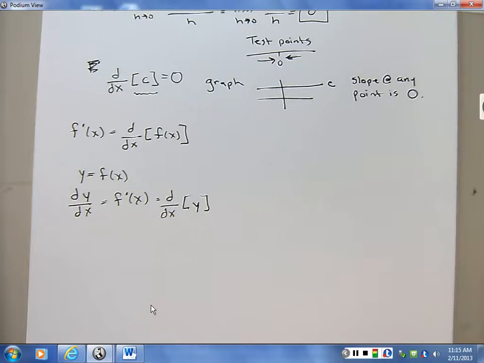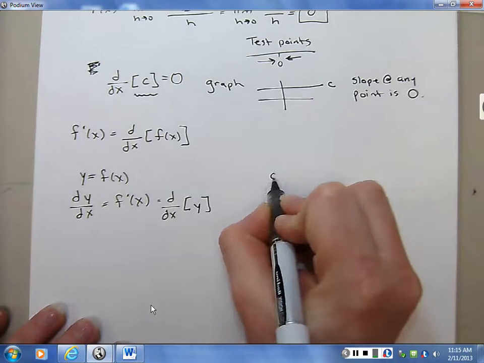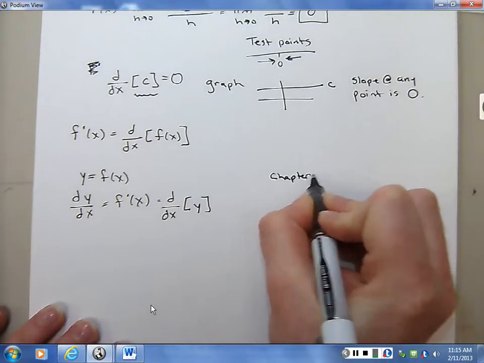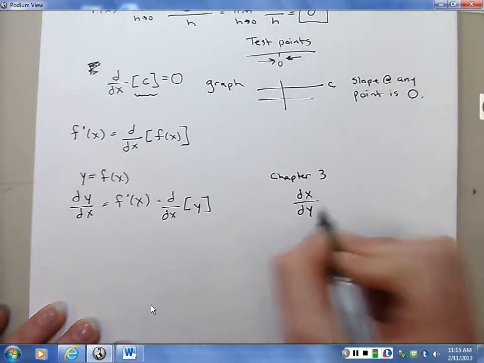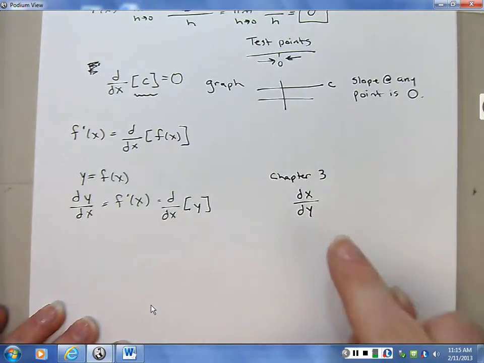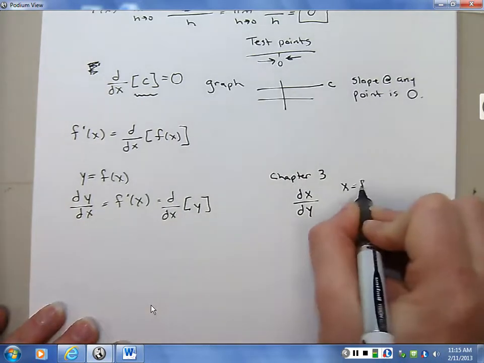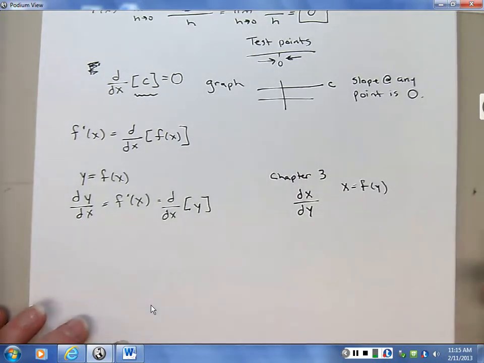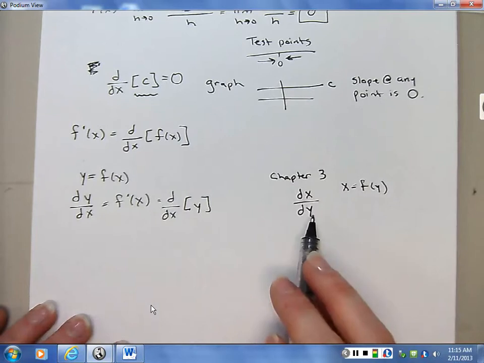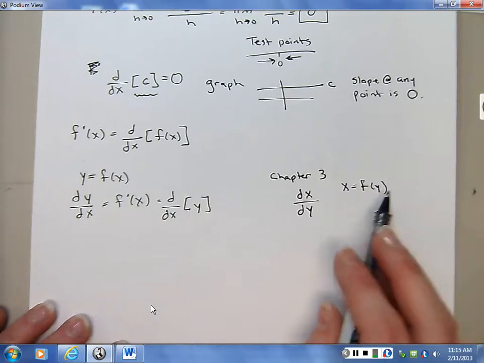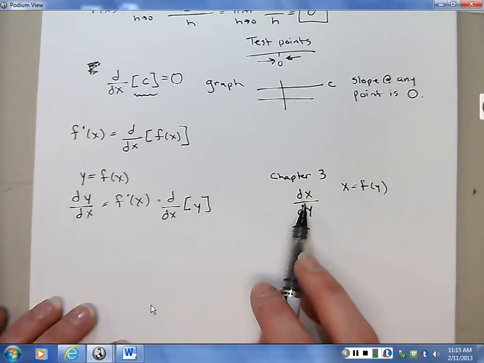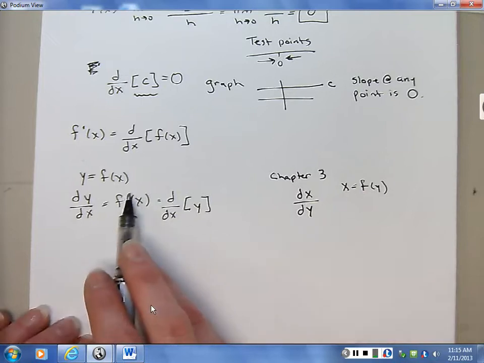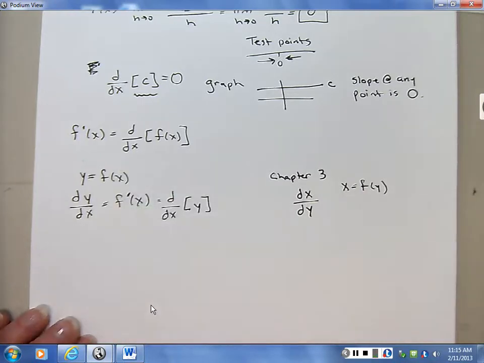So in Chapter 3 you might have something like this: the derivative of the function name, where your function would be a function of y. And so dx dy means I'm differentiating this function, but with respect to y. So this notation has its benefits versus just the prime notation. And we'll get to that in Chapter 3.